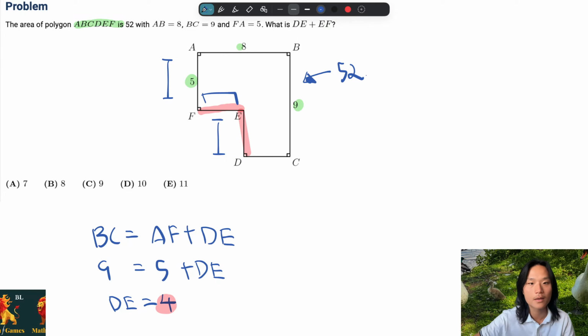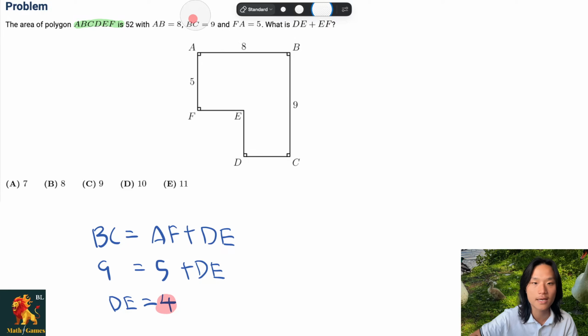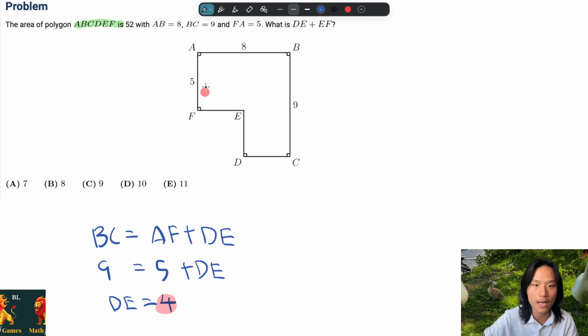So here's what I will do. I'm going to erase all this first and draw these two lines, like that. Now I call this point O. We want to consider the whole rectangle ABCO, right?